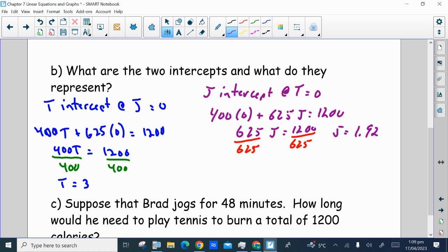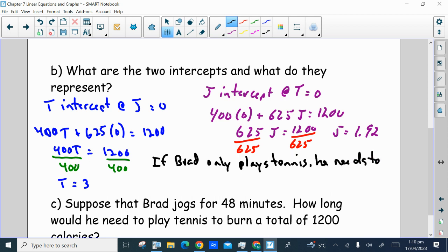1200 calories. If he doesn't want to play tennis and he only wants to jog, he'd have to jog for 1.92 hours to burn 1200 calories. So we can write this out. If Brad only plays tennis, he needs to play for 3 hours.